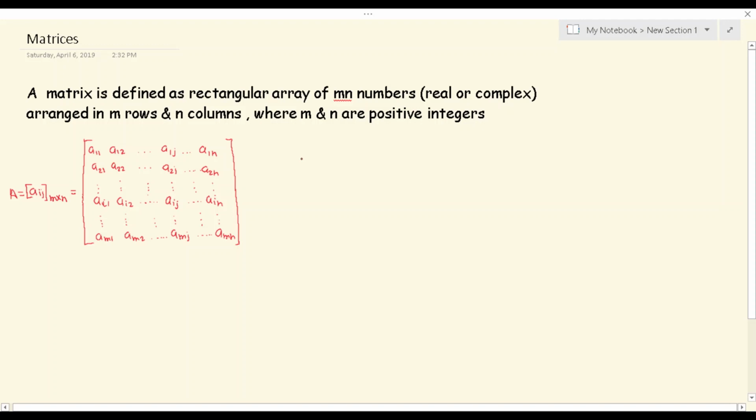First of all, how we denote a matrix. A matrix is denoted in this way, like we write A or like this, Aij m cross n.